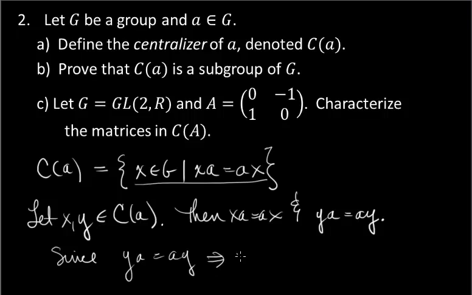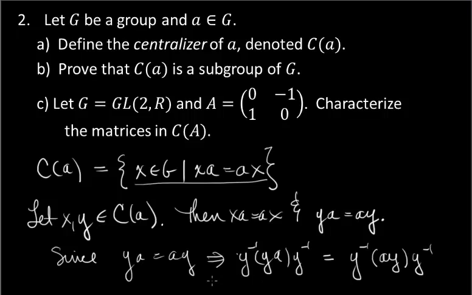So this implies multiplying on the left by Y inverse, YA, Y inverse, equals, I'm doing 2 steps at once here really, Y inverse, AY, Y inverse, which gives us, when you cancel here, Y inverse Y is the identity, we get AY inverse equals Y inverse A. And this was important to us because we needed to get Y inverse in the centralizer before we could get X times Y inverse in there.